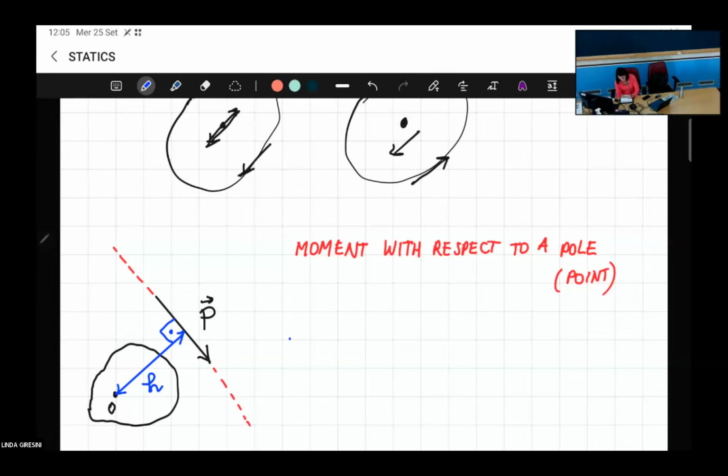So the moment given by the force P is equal to P times h, or L, whatever. And h is called the lever arm of the moment.